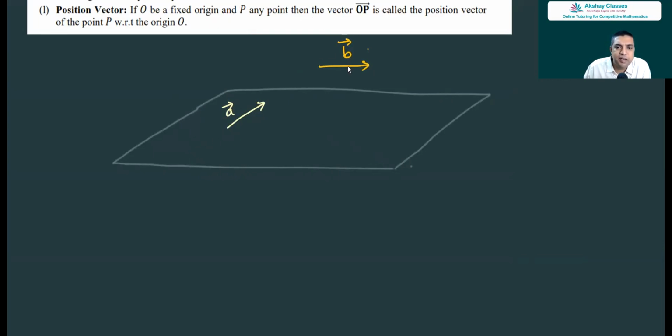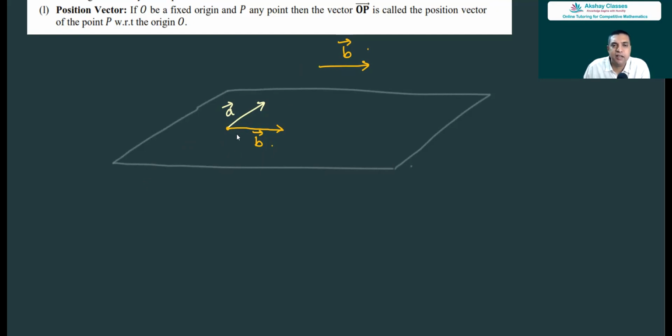So for vector B, as long as I maintain the magnitude and direction, I can coincide vector B's initial point with the initial point of vector A. This is vector B. Now they both lie in the same plane, correct? So vectors A and B are coplanar, if the lines of support lie in the same plane or are parallel to the same plane.